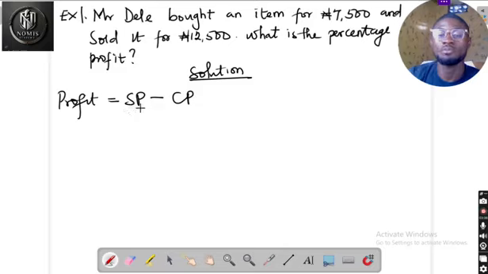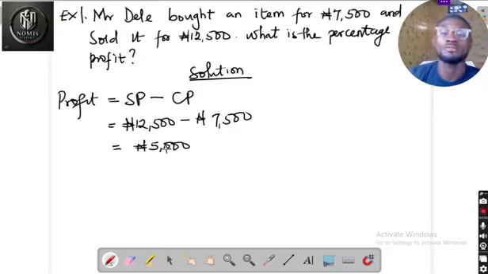Don't forget, SP is selling price and CP is cost price. Since the selling price was 12,500 naira and the cost price was 7,500 naira, the profit is 5,000 naira.